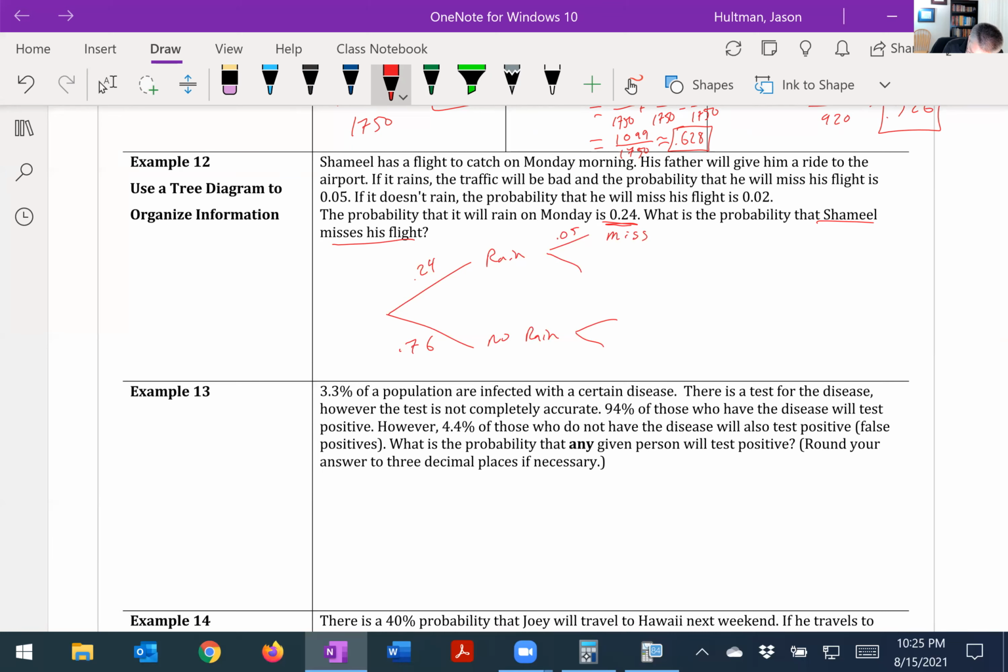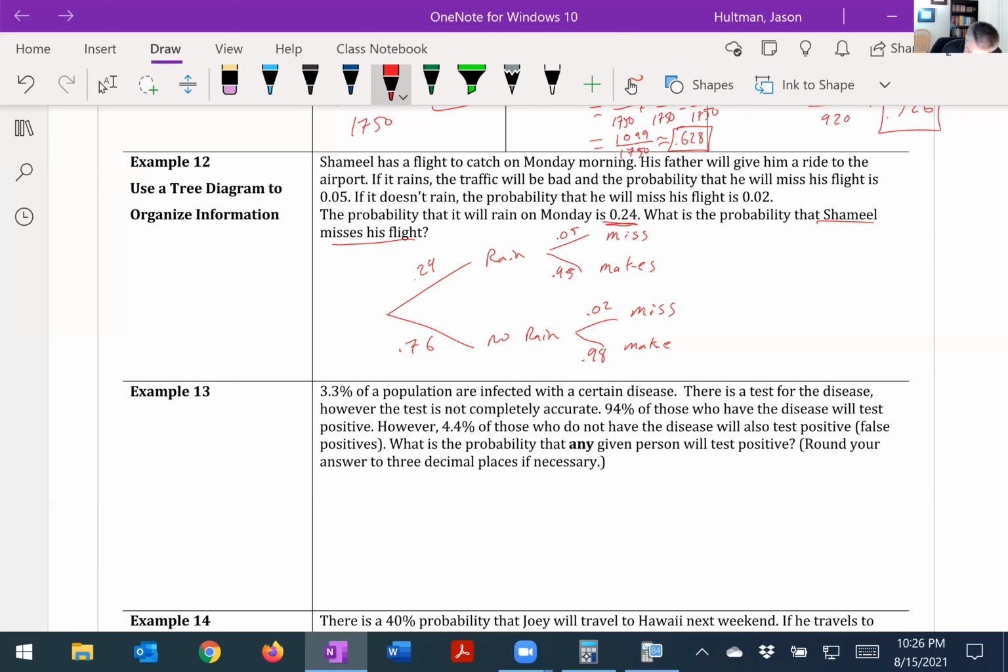If it rains and he makes it, then that's 0.95, 1 minus 0.05. If it doesn't rain, the probability of him missing is 0.02, and the probability of him making his flight is 0.98. What is the probability that he misses his flight?